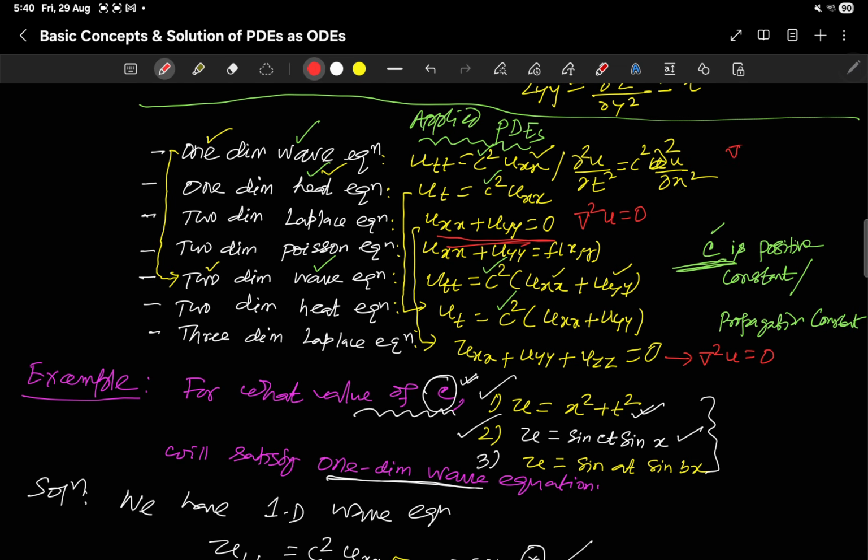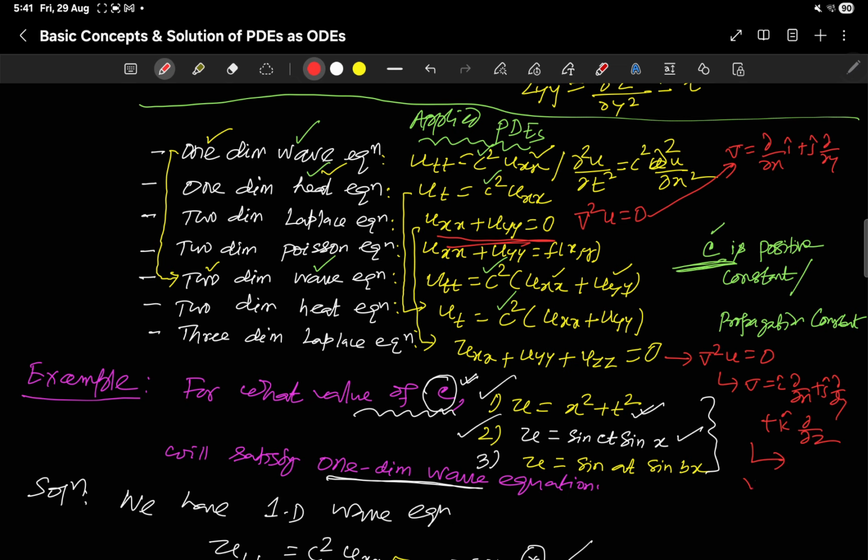Your del, inverted del or nabla, in two dimensions is i del by del x plus j del by del y, and del square is del square by del x square plus del square by del y square. And in three dimensions we write del is equal to i del by del x plus j del by del y plus k del by del z.